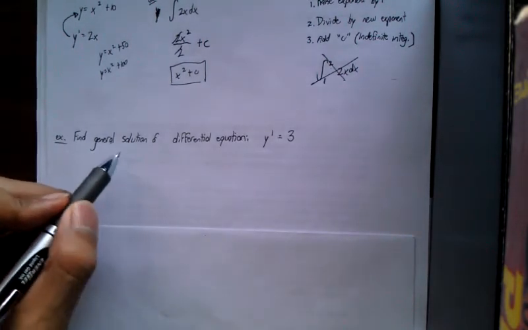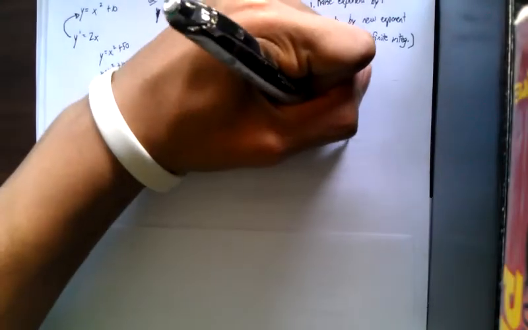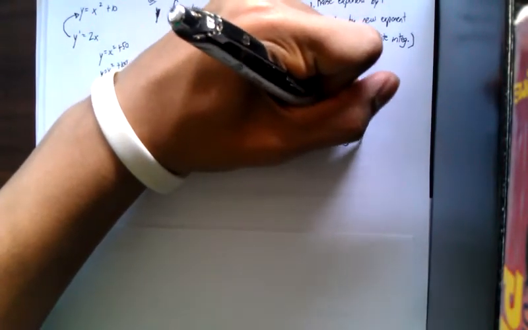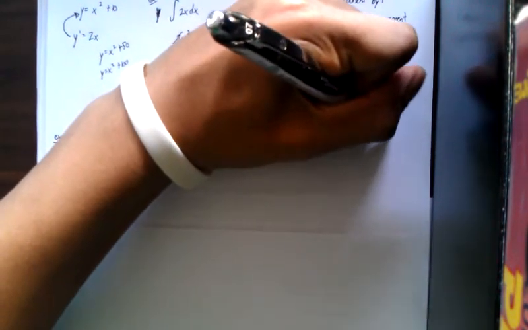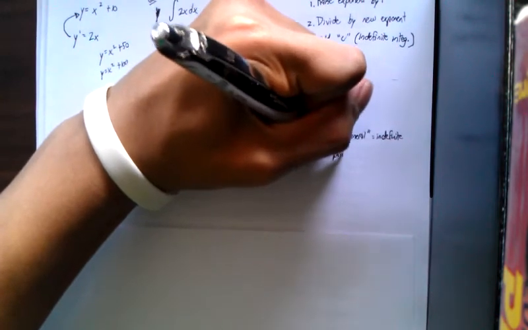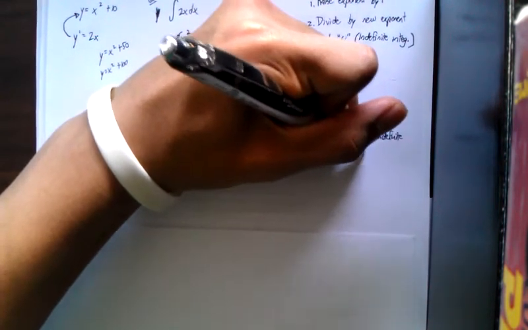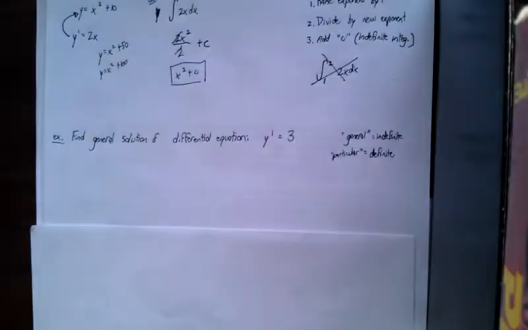When it asks for general solution, that just means indefinite integration. So, general equals indefinite. If it says particular, that means definite.